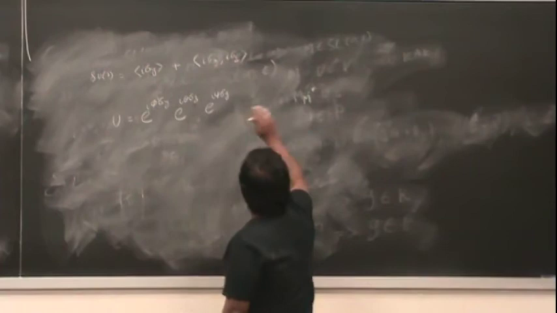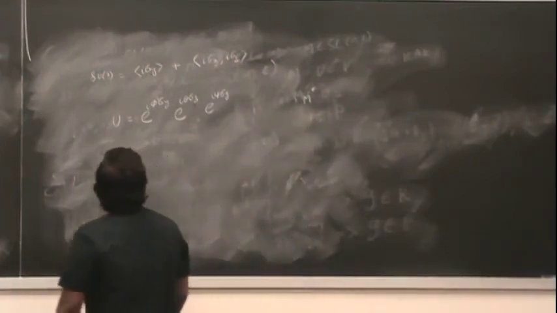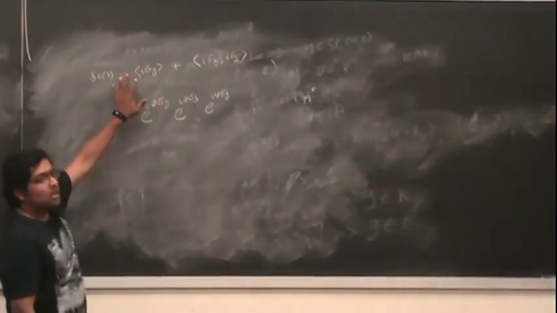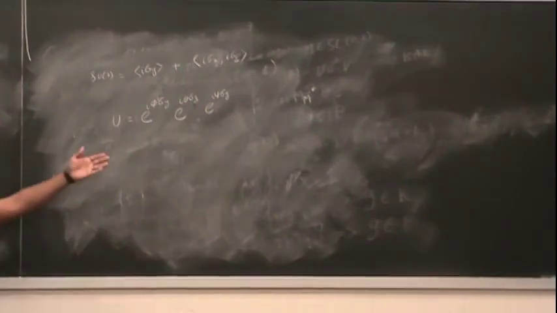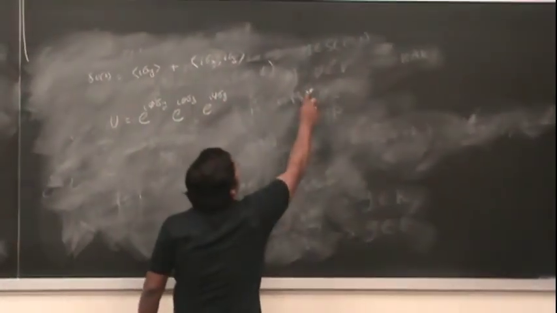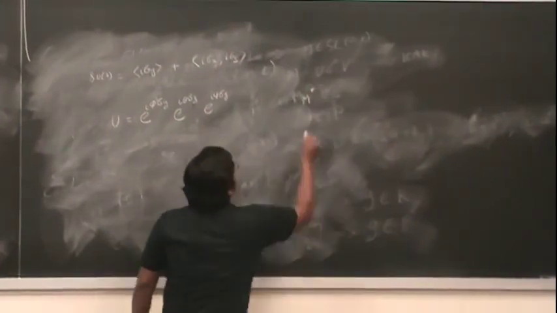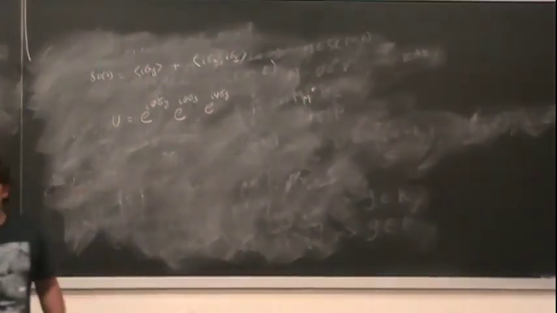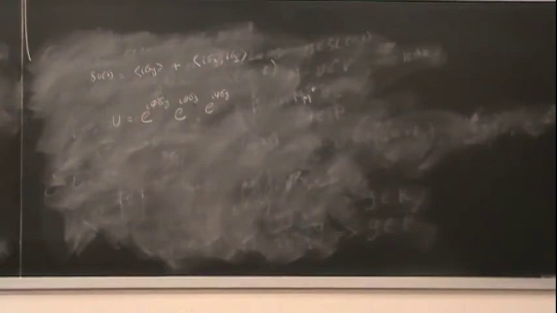In the basis of sigma z, this is true, because in the basis of sigma z, i sigma y is real. I keep forgetting that you include i in the Hamiltonian.